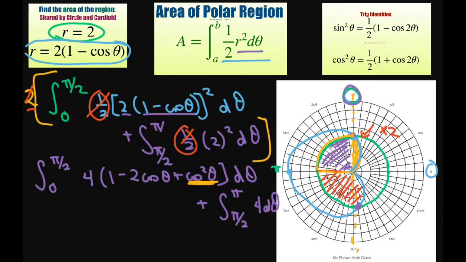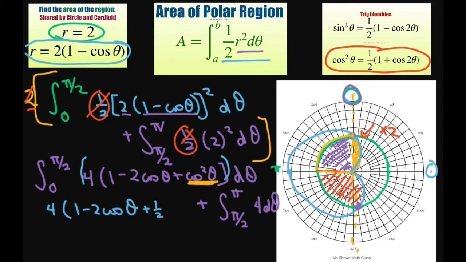Before we move on, I want to look at this piece right here. We're going to use a trig identity because it makes it easier to integrate. So we have 4 times 1 minus 2 cosine of theta plus 1/2 times 1 plus cosine of 2 theta.